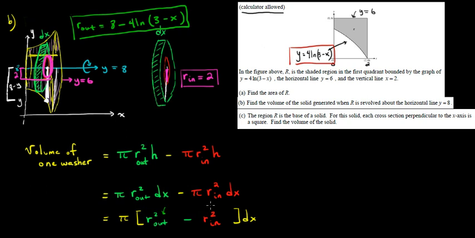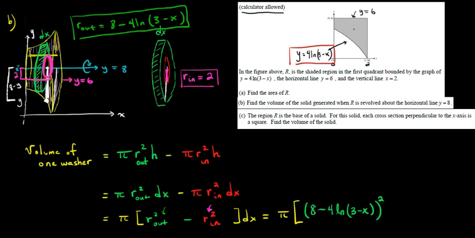And we're going to plug that in there as well. If we do all this, we get pi times the outer radius squared. The outer radius was this thing up here, 8 minus 4 ln(3 minus x), but remember we have to square it all.